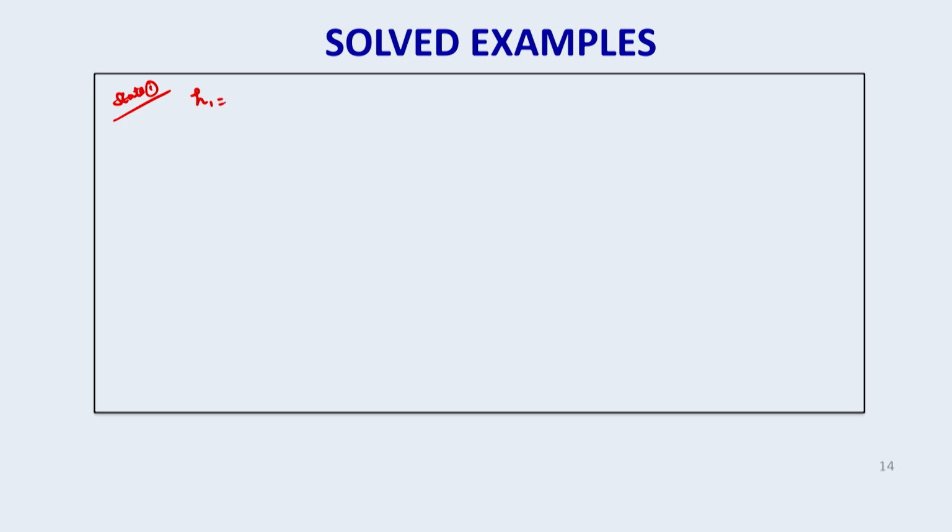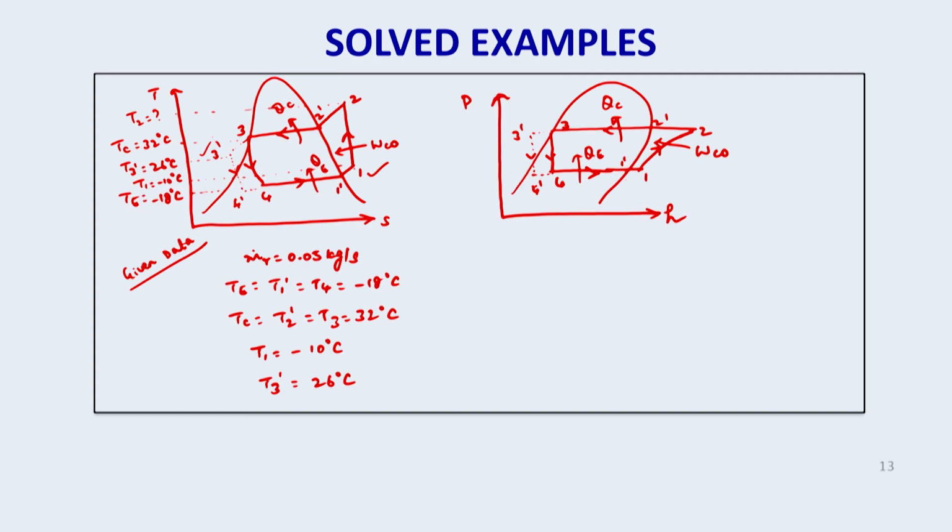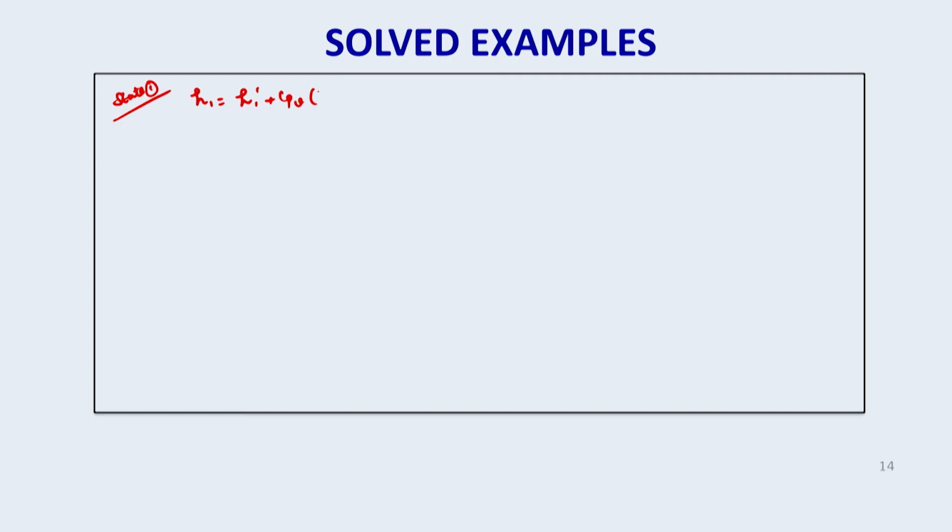I am finding the enthalpy at state point 1. It is superheated condition. So enthalpy is equal to saturated enthalpy at 1 dash plus Cp of vapor into delta T, where delta T is T1 minus T1 dash.